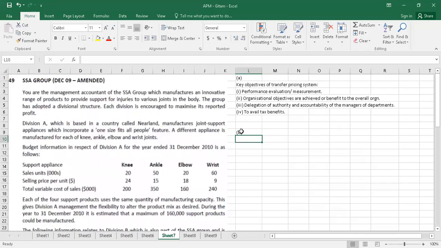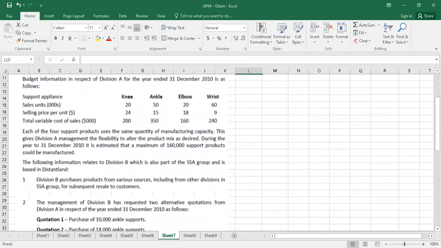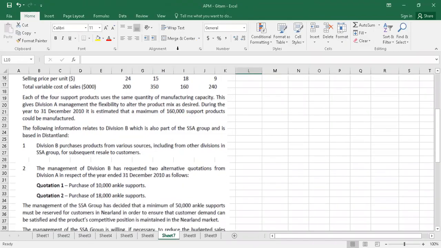What products do Division B require? What do they require, Division B? The management of Division B has requested 2 alternative quotations for ankle supports. Do you see that? Ankle supports.